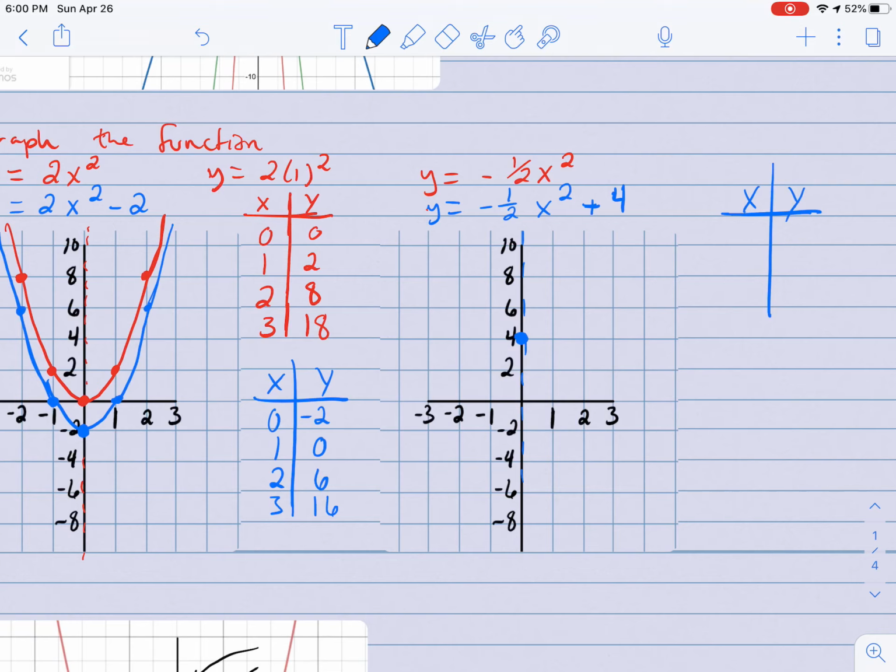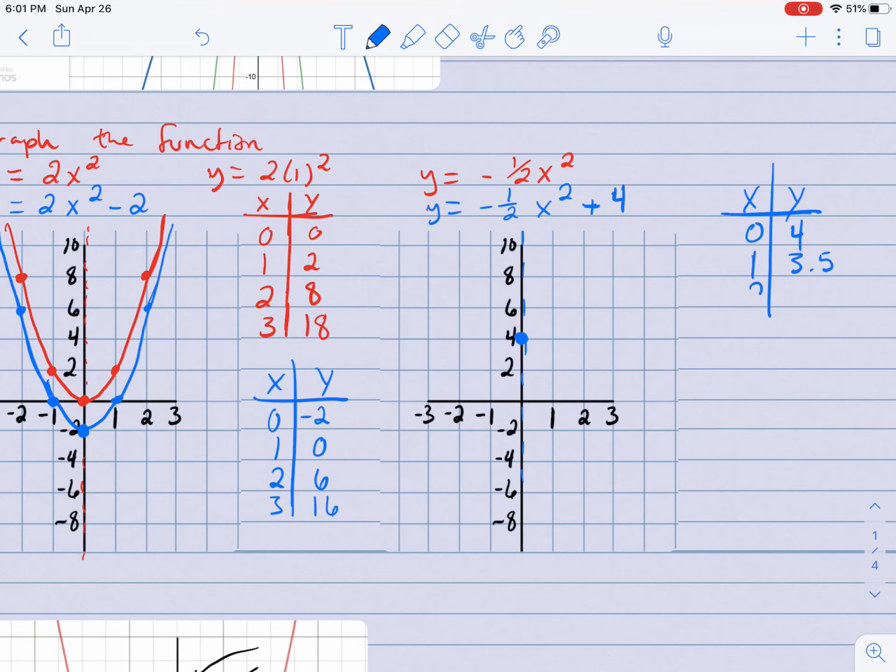Because there is no b value, the axis of symmetry is going to be right down the y-axis. So here, once again, when x equals 0, y is going to equal 4. When x equals 1, 1 squared is 1. 1 times -1/2 is going to be -1/2. So then that would be 3.5, because -1/2 plus 4 is 3.5.